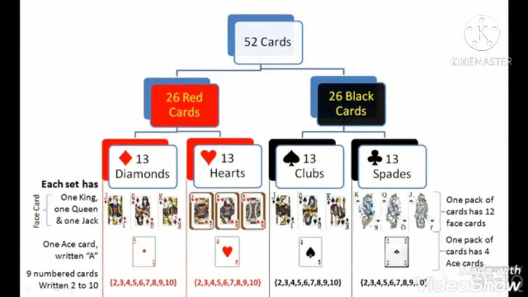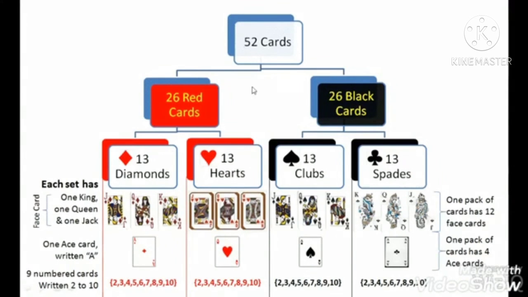Each group has 9 numbered cards, and the numbers are from 2 to 10. So if the question is, what is the probability if you pick up one card from the 52 cards that it would be a 10?